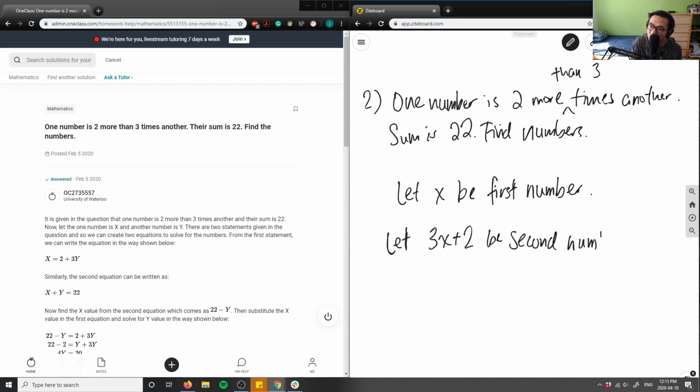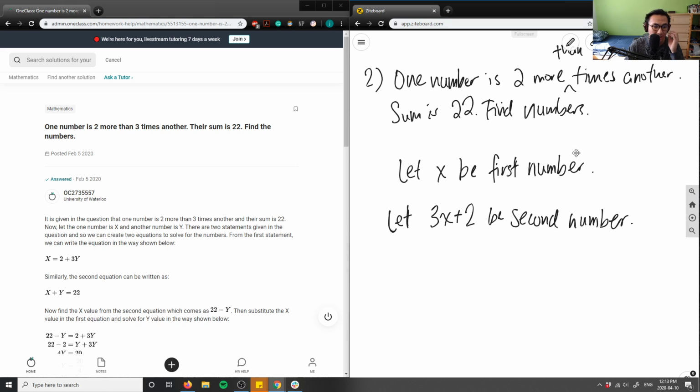So now we have our 2 numbers, and we can relate those 2 together. Our sum is 22, right? These 2 values here, x and 3x plus 2, their sum has to be 22. So they have to add to 22. Now we have an equation.